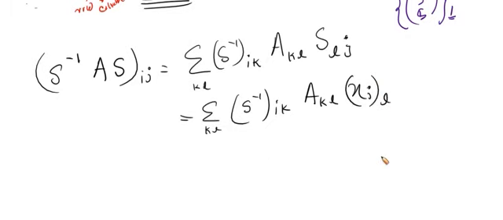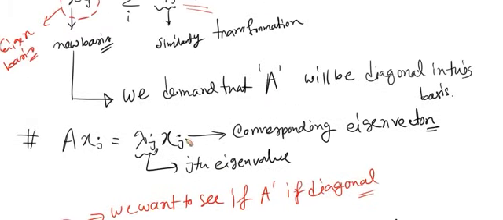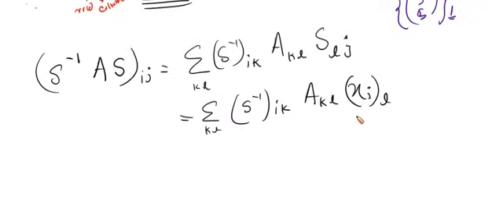And now comes the tricky part. The tricky part will be to use the eigenvalue equation itself. So how can we do that? Recall, this is our eigenvalue equation, right? That is for x of j corresponding to the eigenvalue lambda of j, and now we are going to use that.